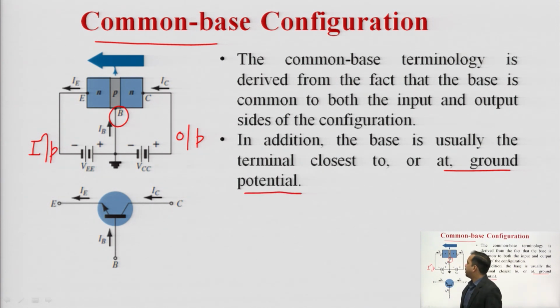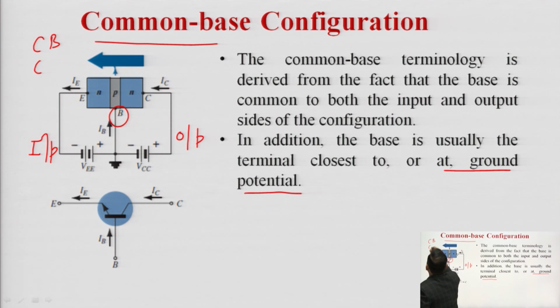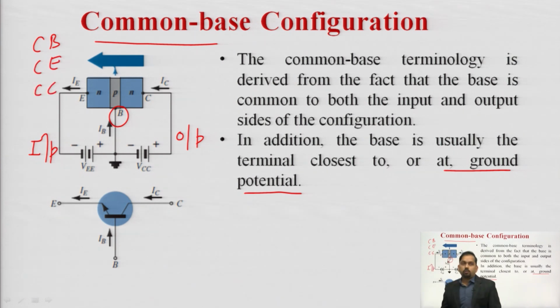Base terminal is grounded here. We will see that a BJT basically has three different configurations. The first is the common base configuration, after that the common emitter configuration and the common collector configuration. We will see all three configurations, and along with this we will see the advantages of each configuration.